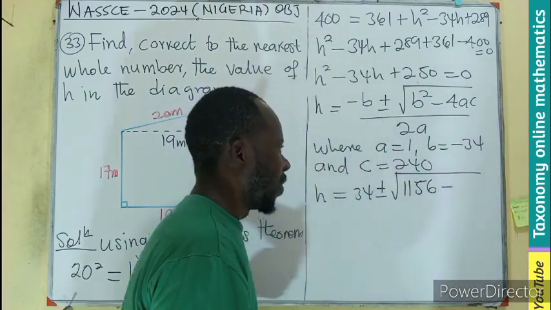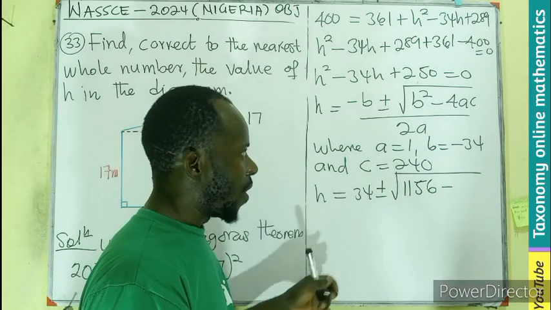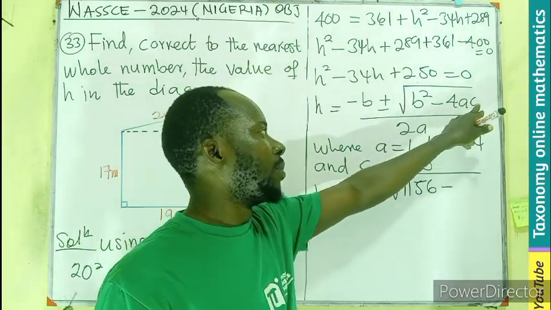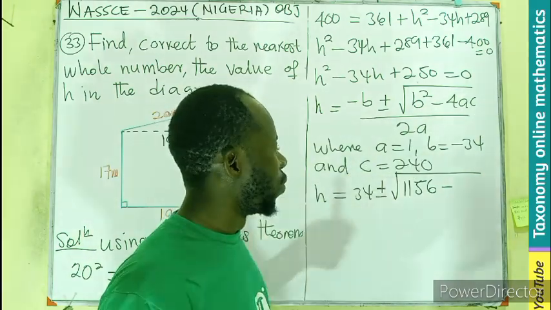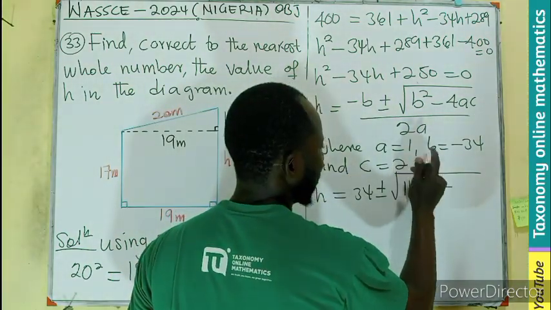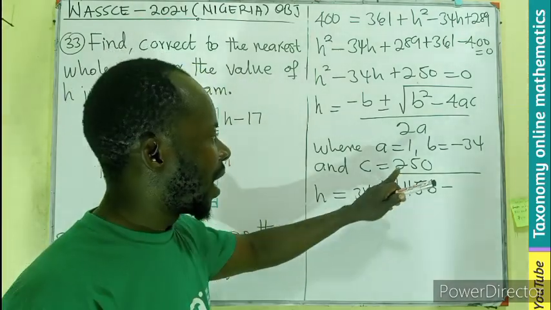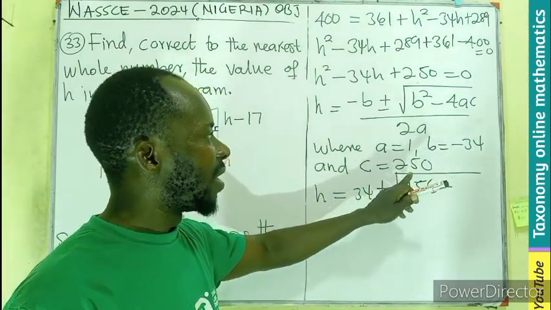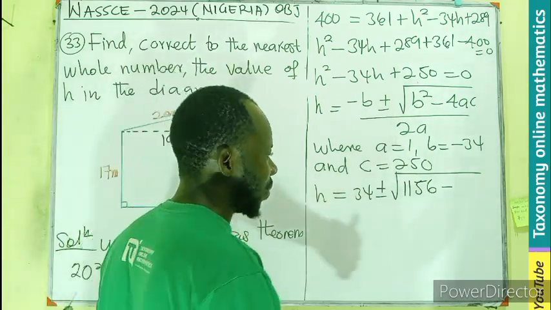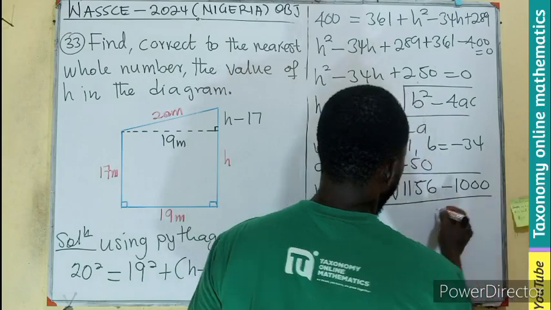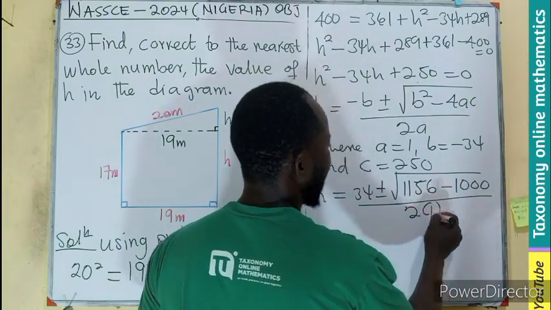Then minus 4ac. 4 times a is 1, so 4 times the c, I think this is 250, not 240. 250 times 4 will give us 1000. Divided by 2a, and the a is 1.